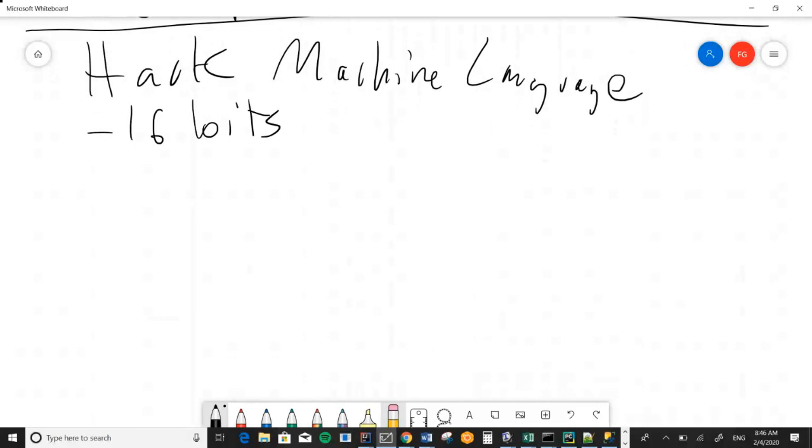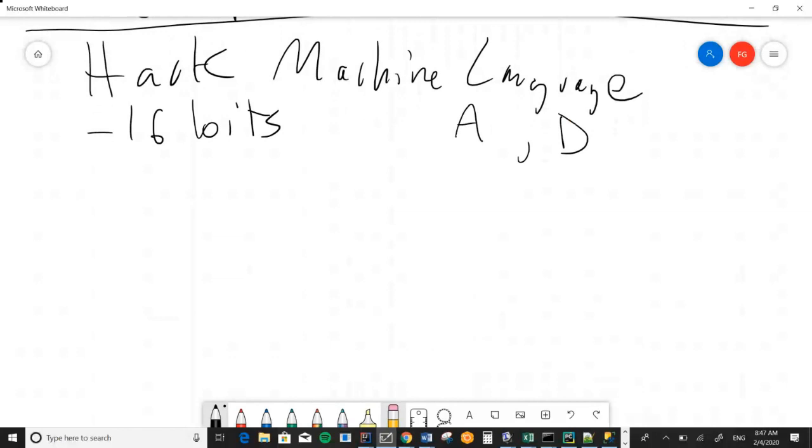Those two primary registers are known as A and D. A is what's called the address register. And as we'll see, A is the primary means by which we indicate what memory location we want to perform an operation on when we're interacting with RAM. A is kind of multi-purpose, though. You can also use it for the same purposes that we use D.